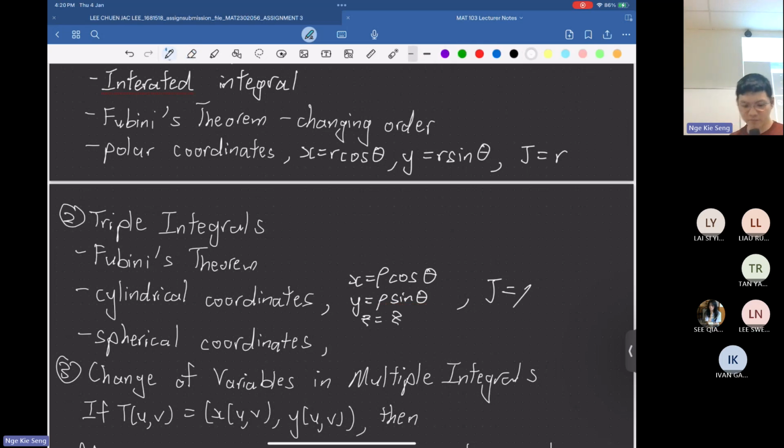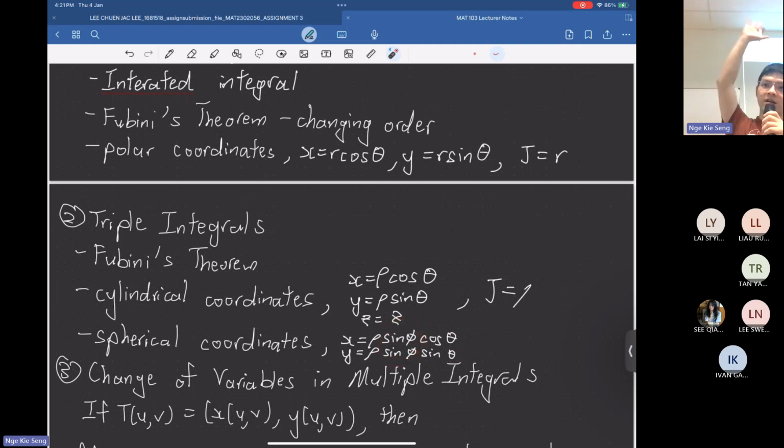How about spherical? x equals rho sine phi cosine theta, and then y equals rho sine phi sine theta, because cos and sine are governing the xy plane, and phi is governing the z-axis.